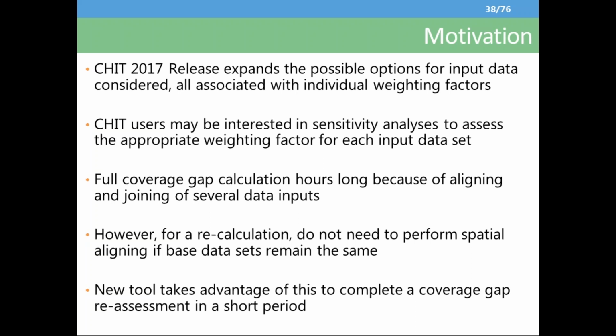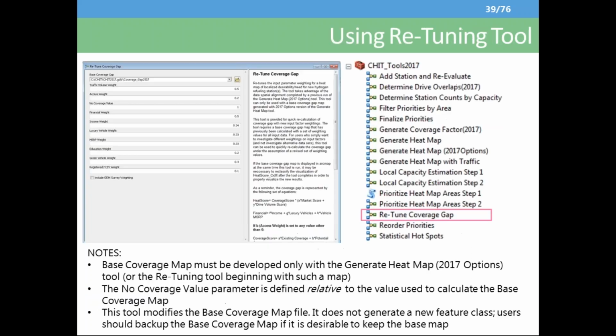You don't need to realign everything. So what we did is we developed a tool that can make this a lot easier and a lot faster, since for the recalculation, you don't really need to perform that spatial alignment again. And so this tool can now perform that function in a really short time.